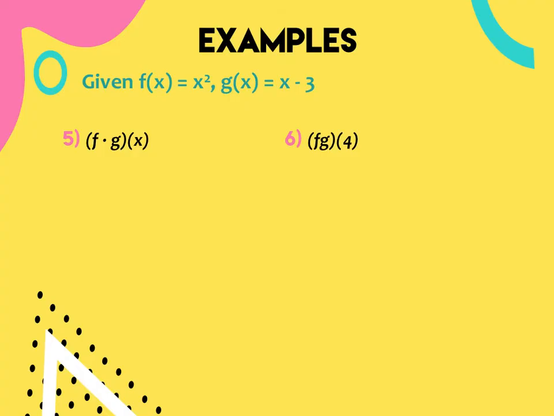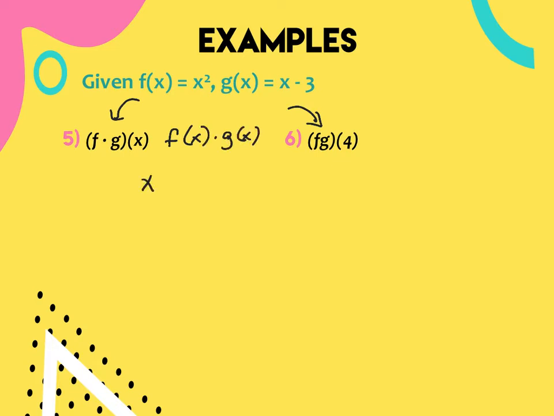Next, we're going to multiply the functions. Here, the dot in between the f and the g represents multiplication. You may also see it just side by side without a dot in between. So just remember, when you have two things without a plus sign or a minus sign in between them, it means multiplication. So here, this really means take f of x times the g of x function.